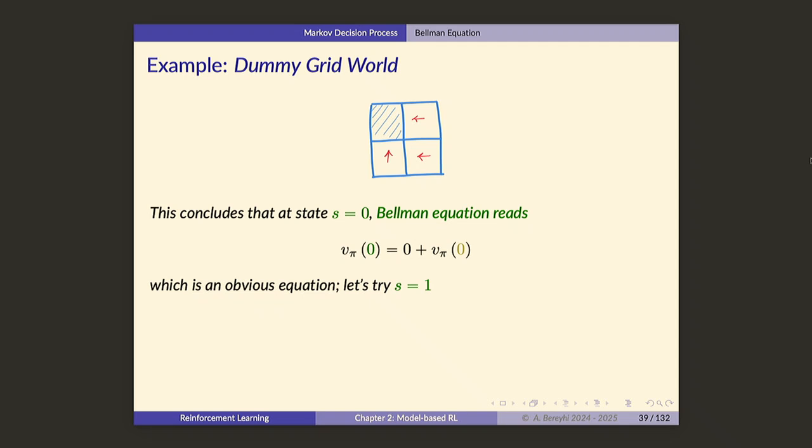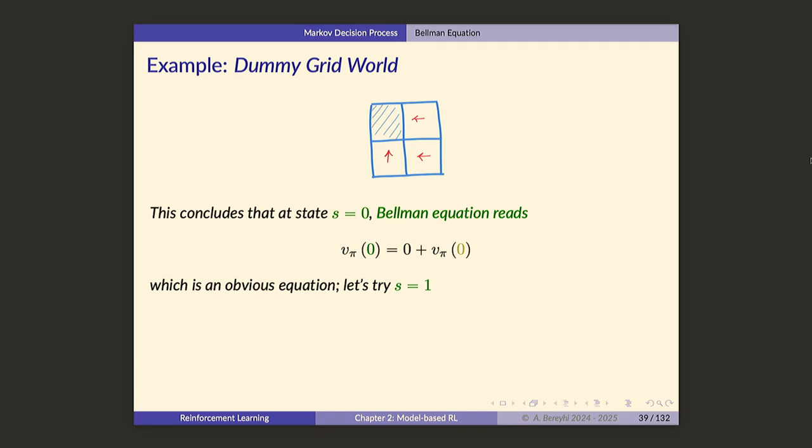Everybody's clear? Okay, so this is going to be the equation. I have just put gamma, the discount factor, to be 1 because I want to keep it simple. Now, looking at this equation, this is an obvious equation, right? V at state 0 equals V at state 0. It's not contradicting, but it's not giving any information.